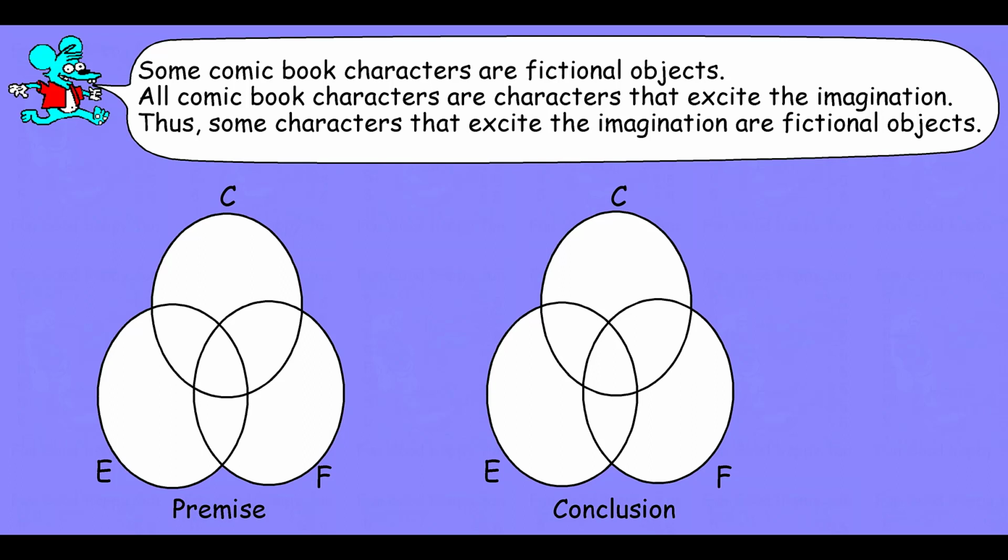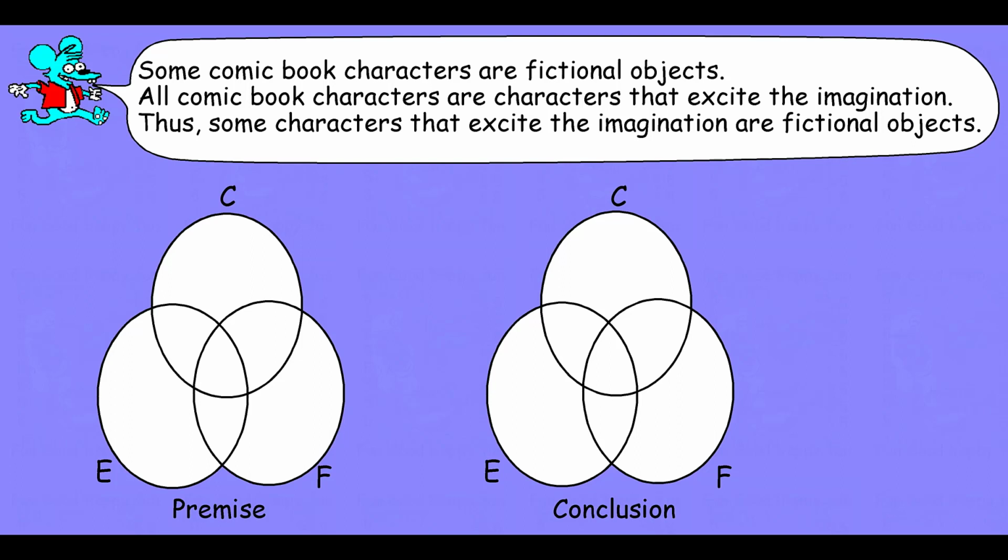My first premise that I'm going to do is that universal premise. It says all comic book characters are characters that excite the imagination. So I'm being a good Boolean. I say, I don't know if there are any comic book characters. I don't know if there are any characters that excite the imagination. But what I do know is everything that's in that C class, everything that's a comic book character, if there's anything, also has to be in that E class, the characters that excite the imagination class.